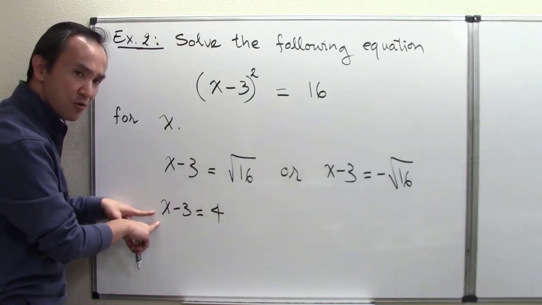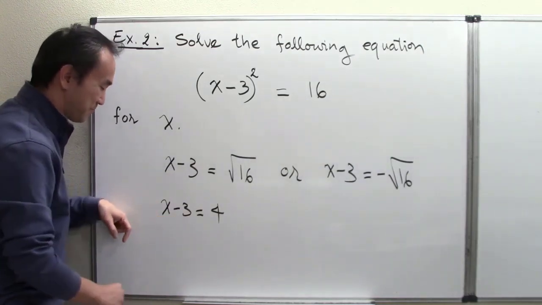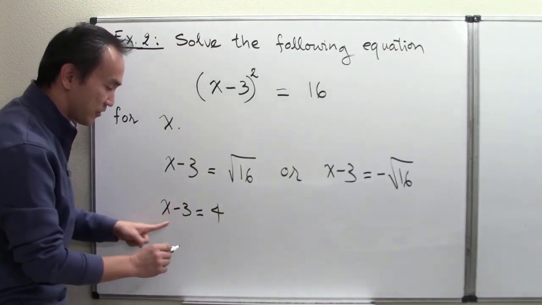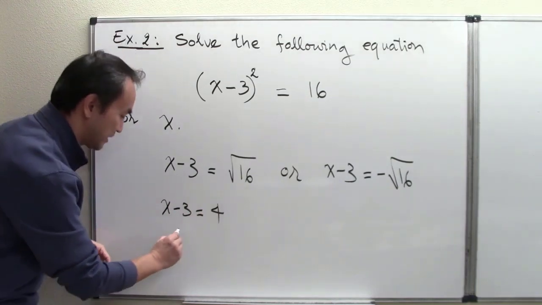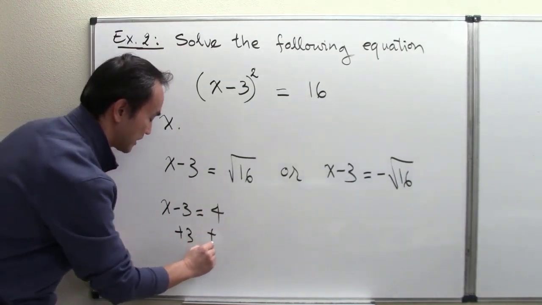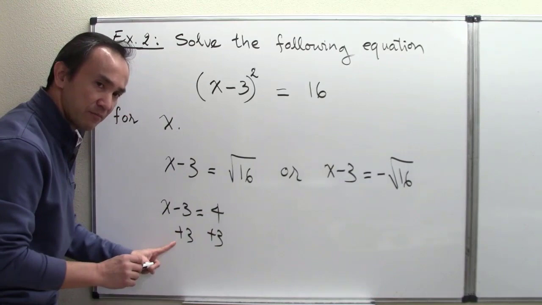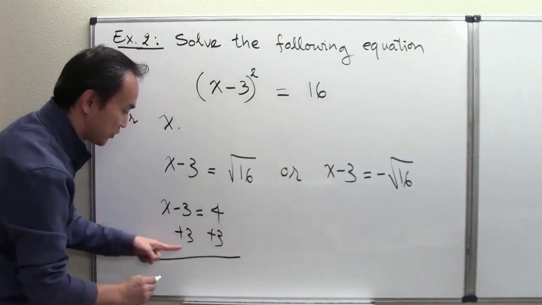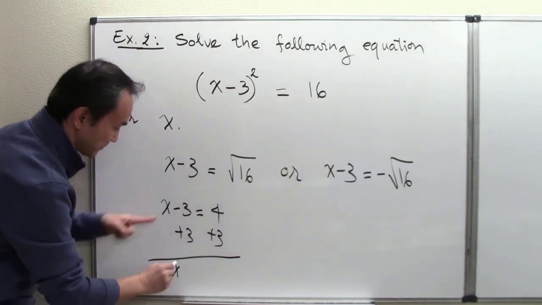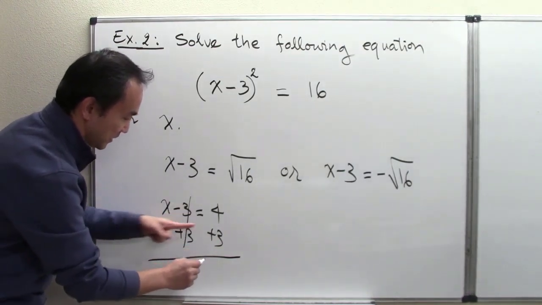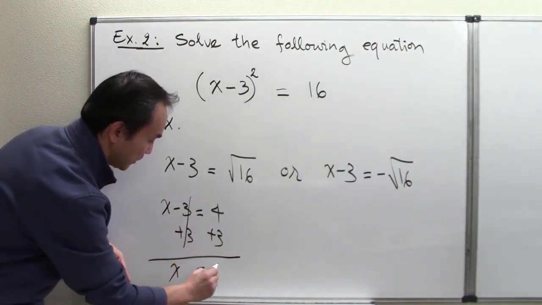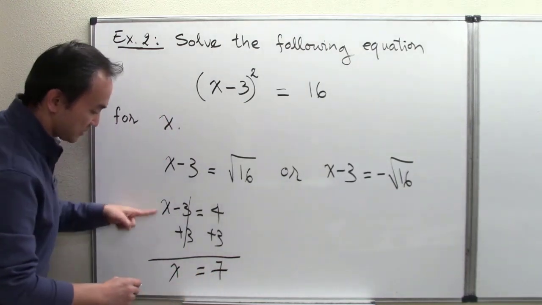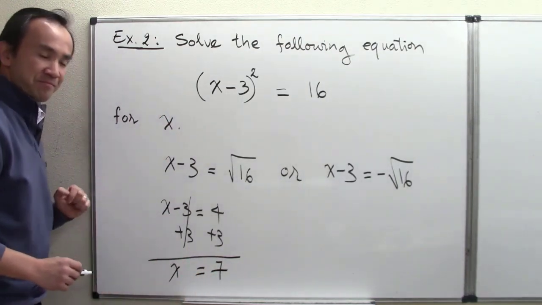To obtain the value for the unknown from this equation, I can simply add 3 to both sides, which is a skill we have learned from our past courses. Adding 3 to both sides, the 3 cancels out on the left, and 3 plus 4 equals 7. So x, the unknown, equals 7.